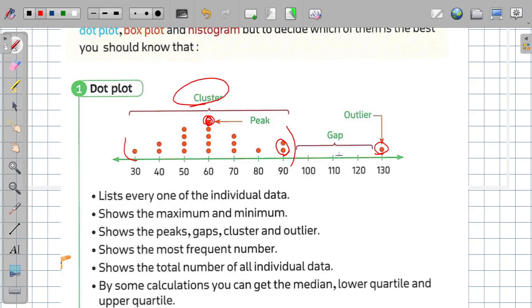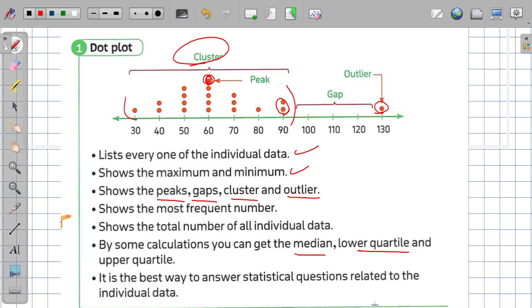Okay, so the dot plot lists every one of the individual data, shows the maximum and the minimum, shows the peaks, gaps, cluster, and outlier, shows the most frequent number, shows the total number of all individual data, and by some calculations we can get the median, the lower quartile, and the upper quartile.